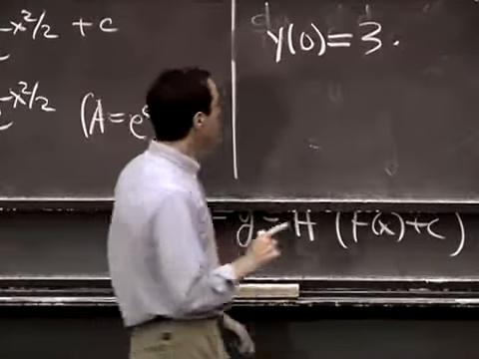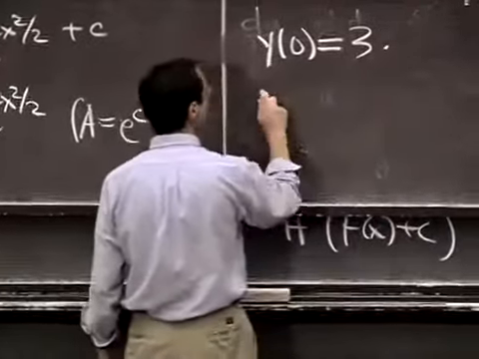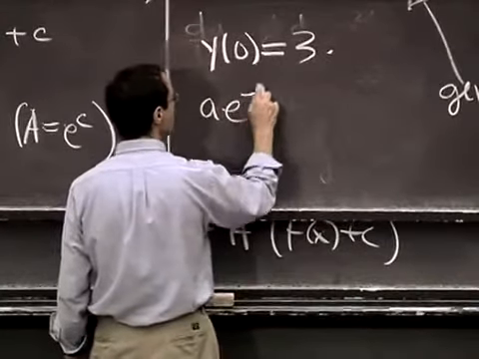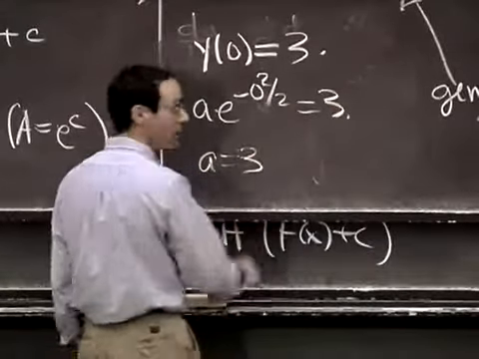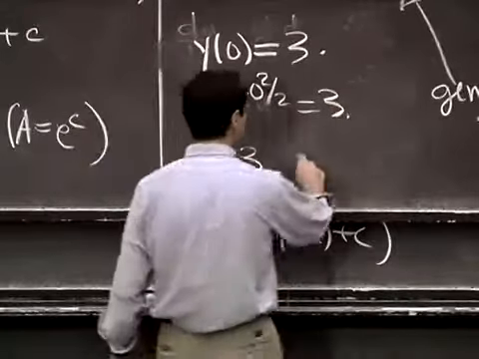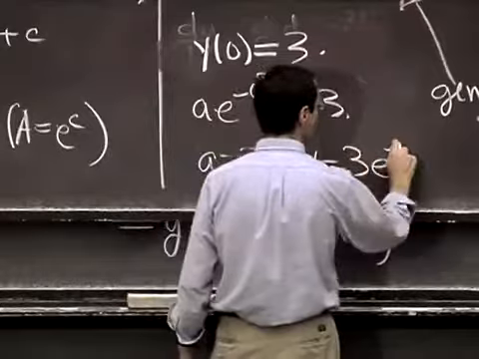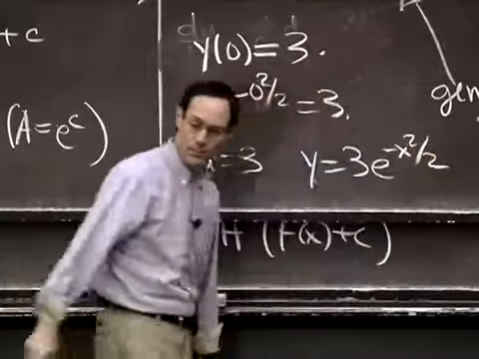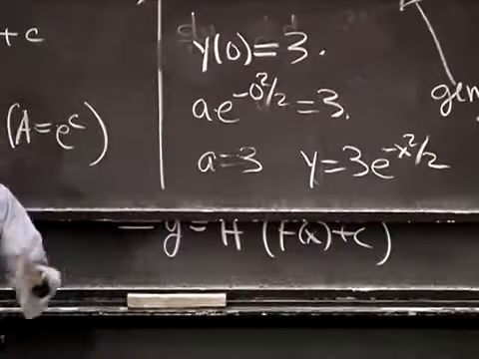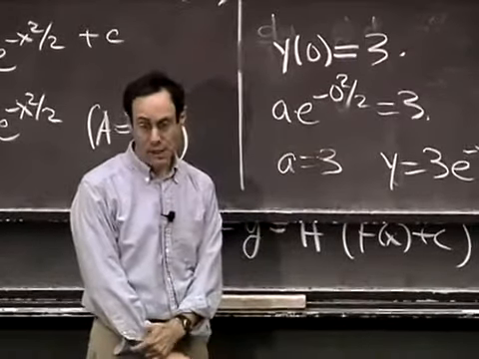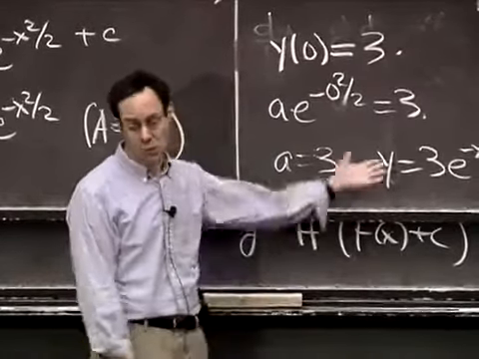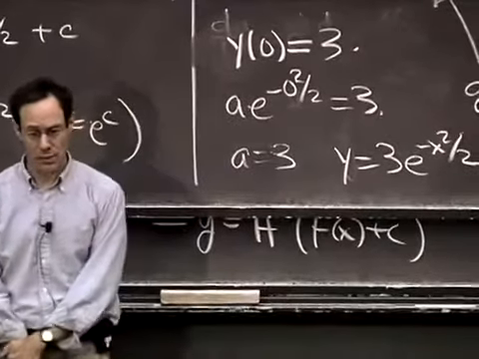If you plug in 3, you see that a times e to the minus 0 squared over 2 is equal to 3. So a is equal to 3, and the answer is y equals 3 e to the minus x squared over 2. Similarly, if it starts out negative, it'll stay negative, for instance. If it starts out 0, it'll stay 0, for this particular function.